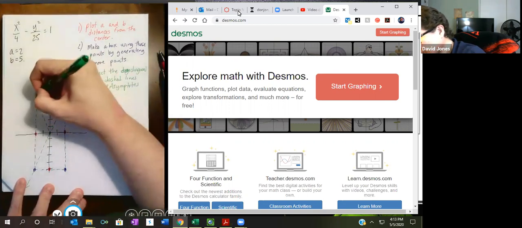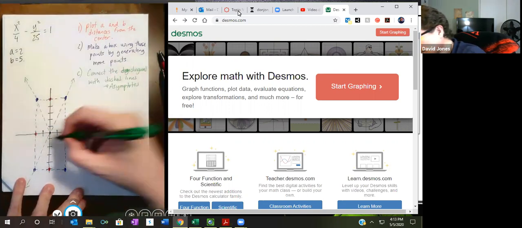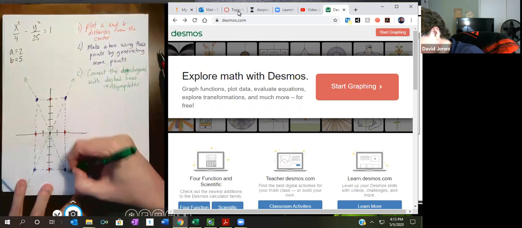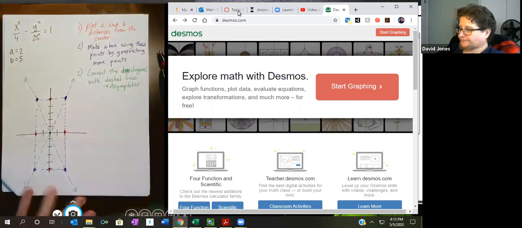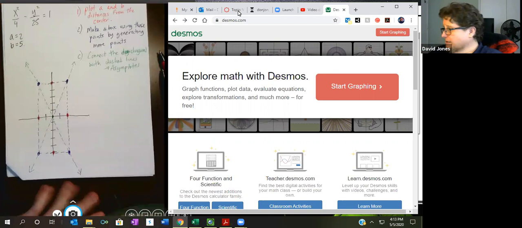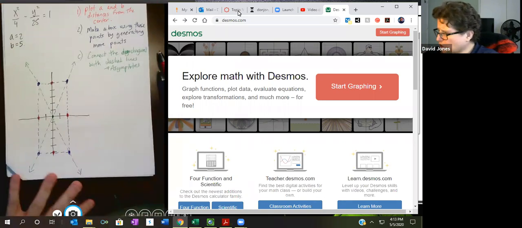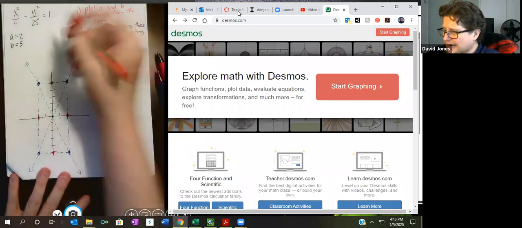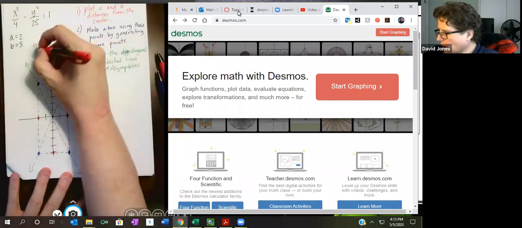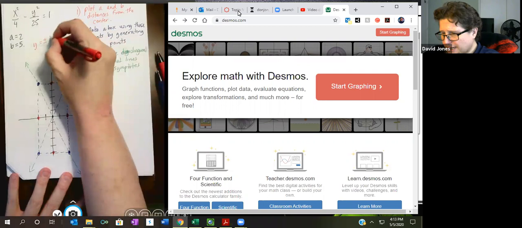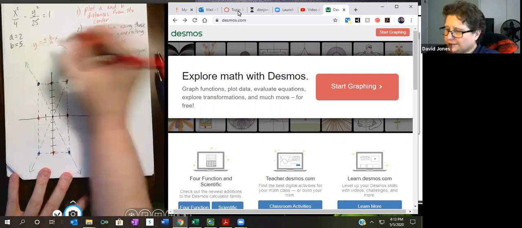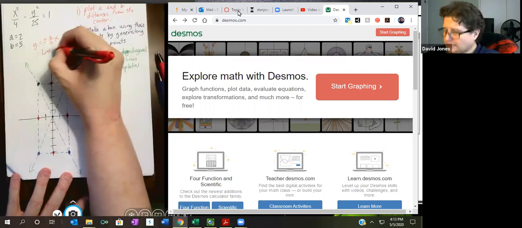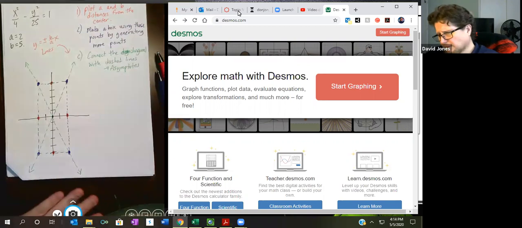I think it's easier to start at the center of the box and draw the lines going outwards. So the way we have these right now, these asymptotes are y equals plus or minus b over a x. They're lines. Okay.